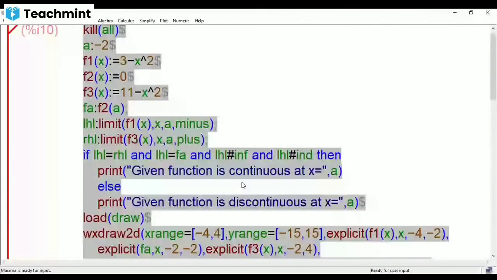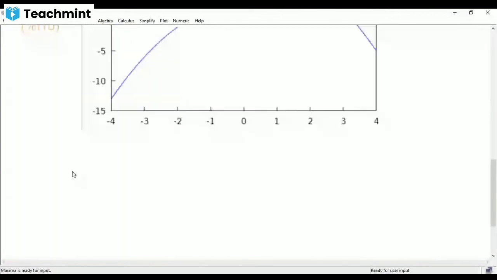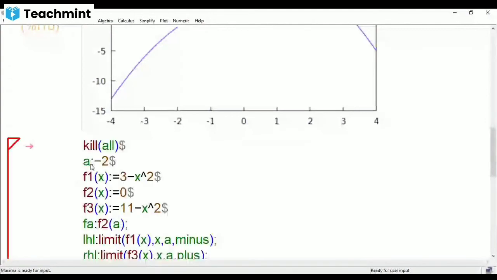Let us write a program for the next one. What was your a in the next example? It is 3. And since there is only one function, let me call that f of x. What was your f of x? Numerator x^2 minus 9 divided by, within simple brackets, the denominator x minus 3.